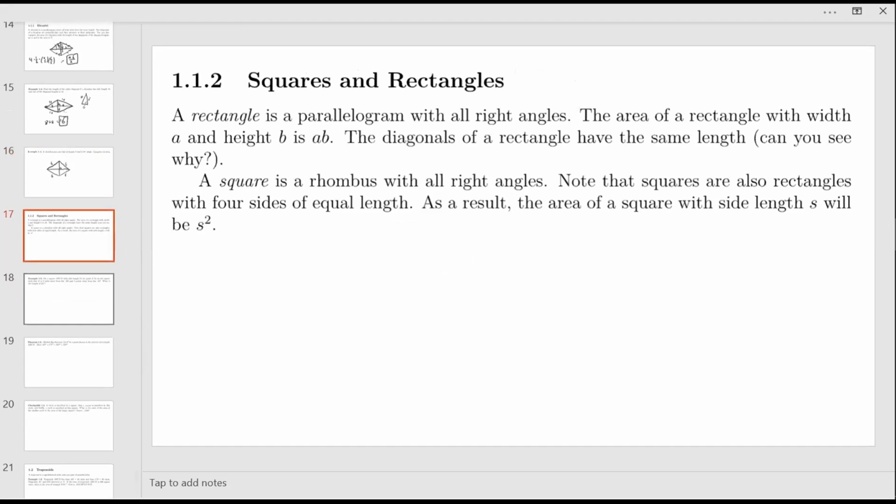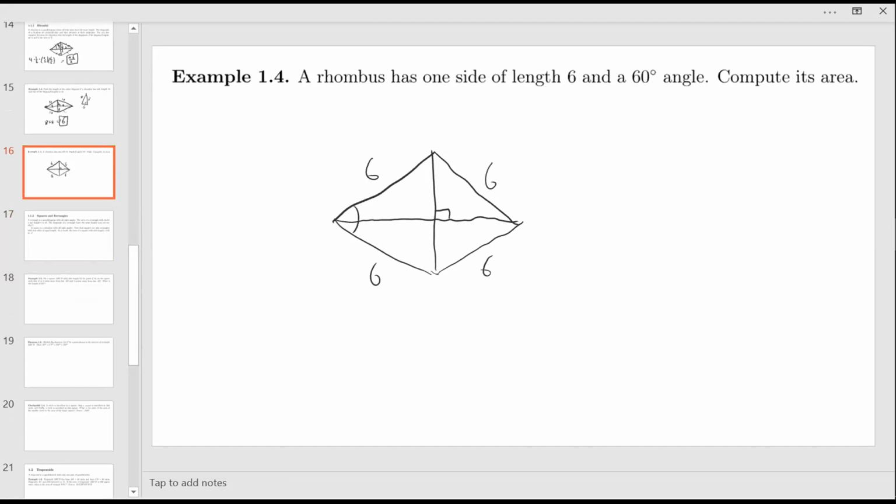So this is 60. Now, if we just look at the triangle to the left of this vertical diagonal, like this triangle right here, we see that it's an equilateral triangle.